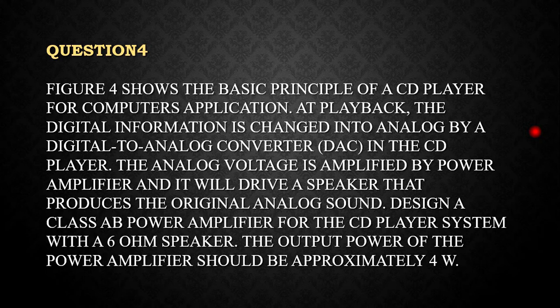In the CD, the analog voltage is amplified by a power amplifier and it will drive a speaker that produces the original analog sound. Design a class AB power amplifier for the CD player system with a 6 ohm speaker, with the output power of the power amplifier approximately 4 watt.